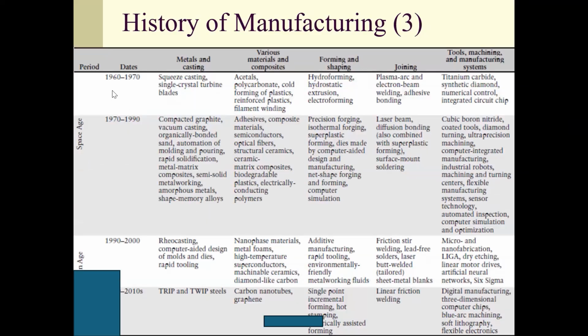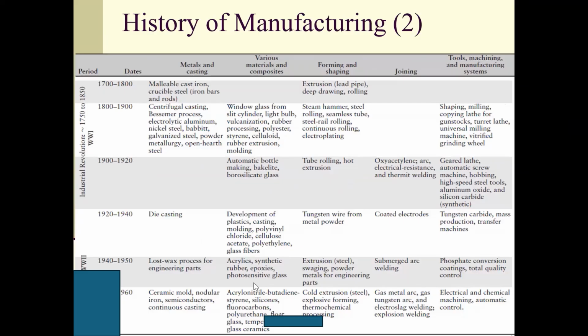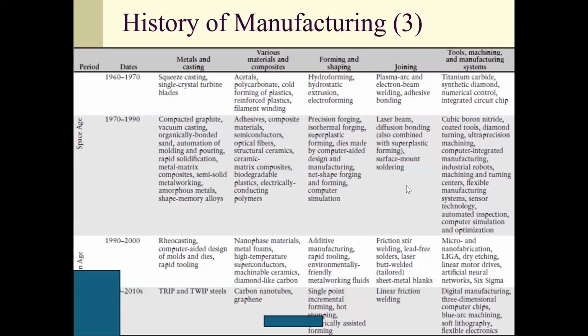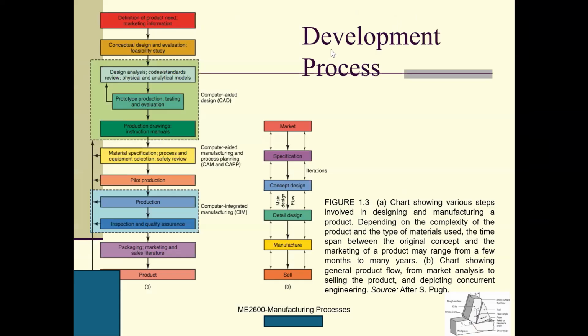So this is more recent activity here: carbon nanotubes, graphene, these are the materials here. I will not go through this slide, right? You can take a look if you have time.